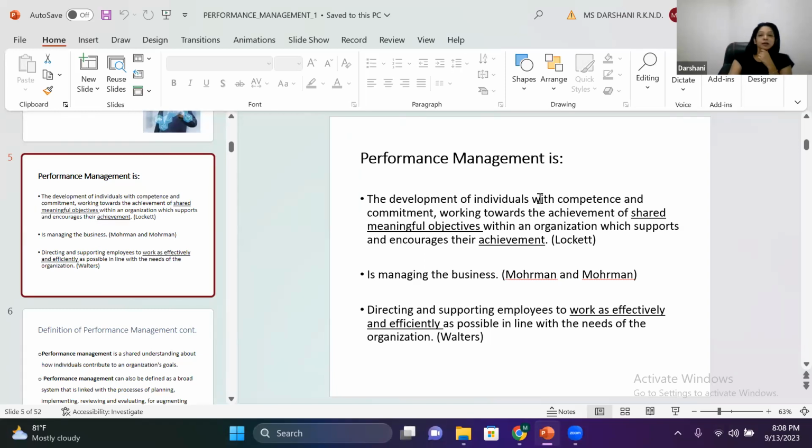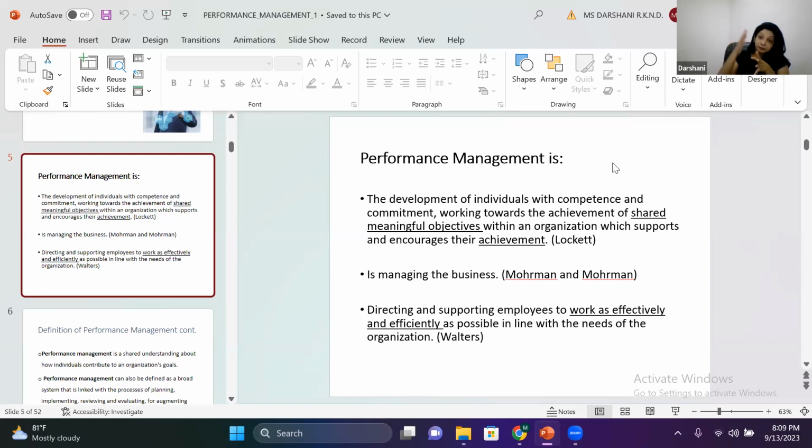So let me come to the most important part. The first thing that we are focusing on is shared meaningful objectives. Whatever we do here, performance management will be focusing on how to develop individuals' competence.